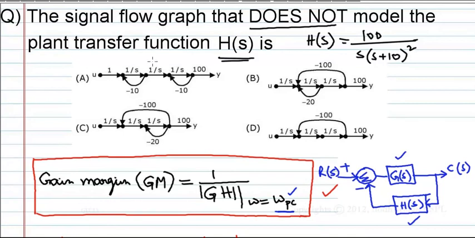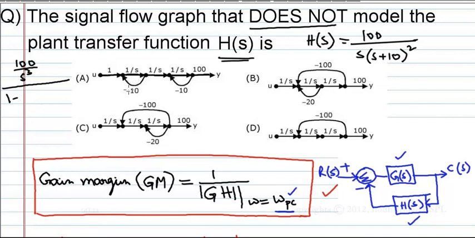What does Mason's gain formula say? Take the forward path first, that is the numerator. That is 1 by S into 1 by S into 1 by S into 100 by S cube. And by 1 minus the sum of individual loop gains.